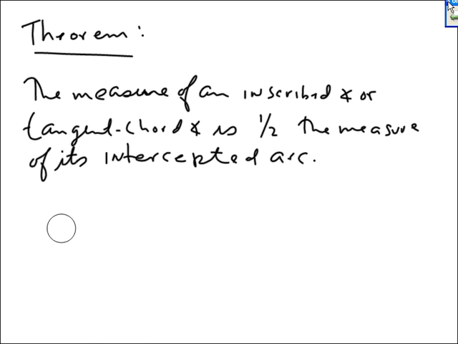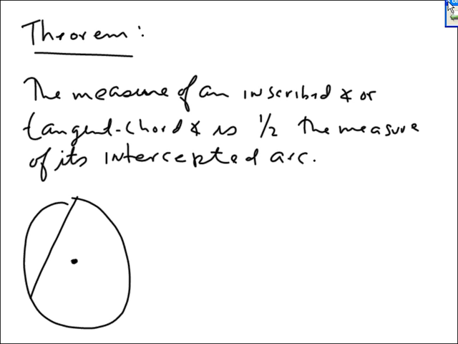How would we prove such a theorem? Well, there's going to be a number of cases. They all involve the center. Suppose the center is in between the inscribed angle's legs.